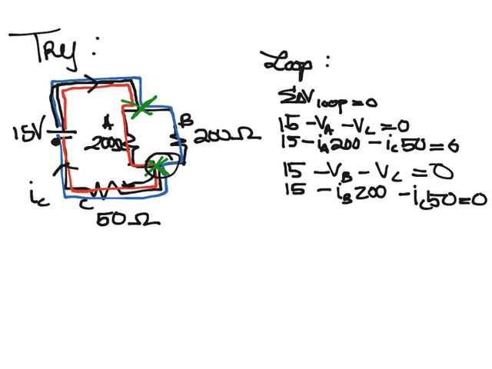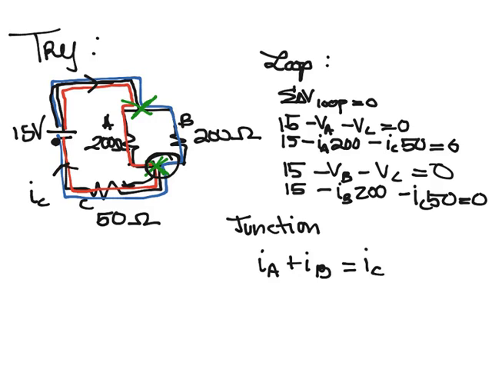Okay, but we'll use this bottom one down here. So our junction rule tells us that IA plus IB equals IC.